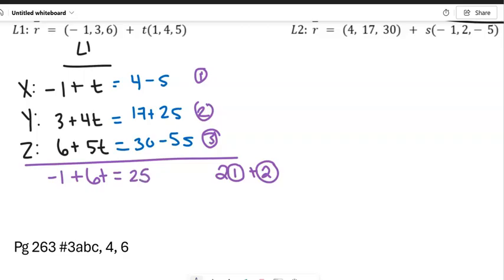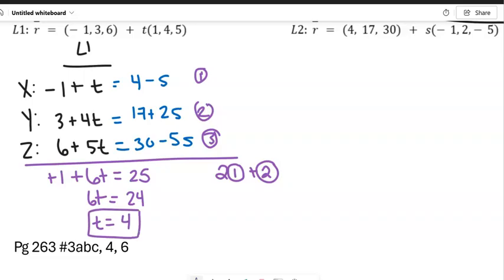And 2 times 1 is negative 2 plus 2 is 0. So 6t equals 25. Oh, sorry, this is a plus 1. Take away 1 is 24. t equals 4.